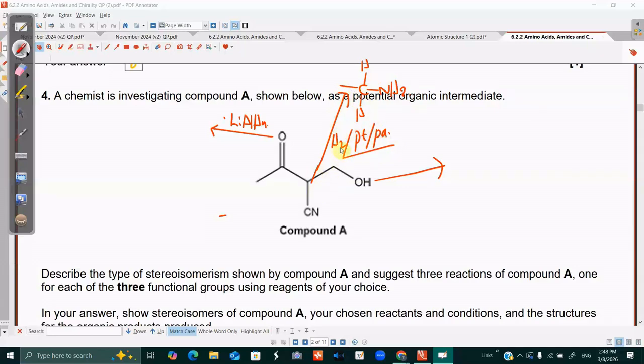Is it oxidation or reduction or what? I'm not sure. Hydrogen has been added, right? So it's oxidation. Hydrogen added, so it is an addition reaction.